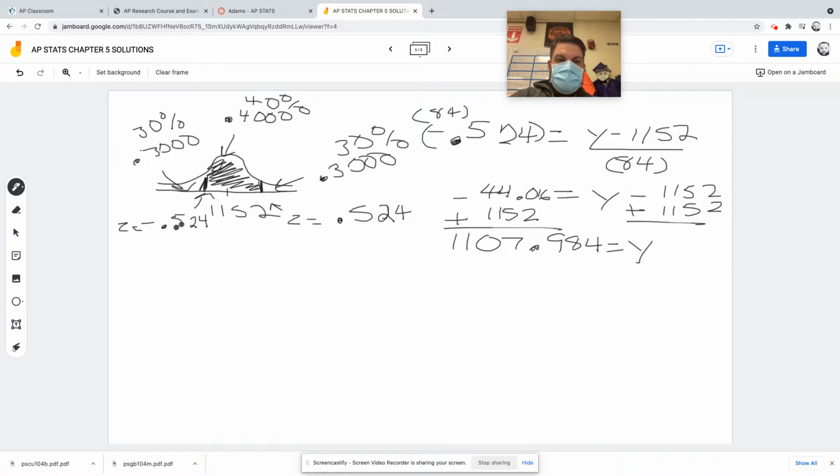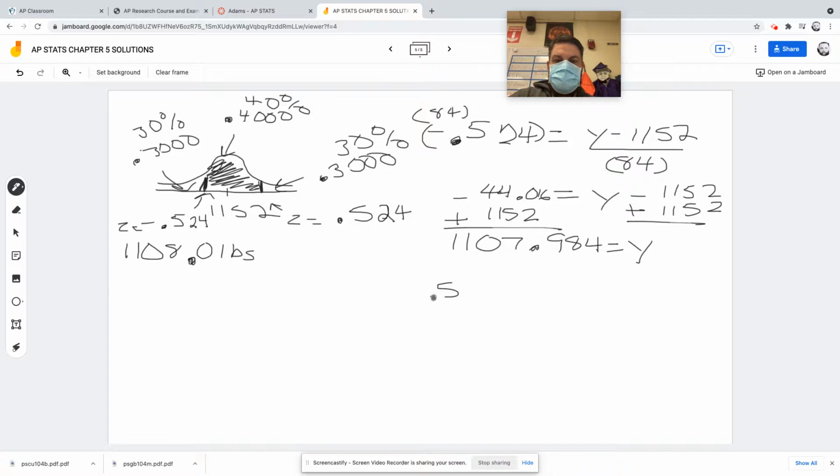So that's this cutoff. So this is 1107.984. They just rounded it up to 1108.0 pounds. So that's the lower boundary, is what we would say. Now we got to do the upper boundary.